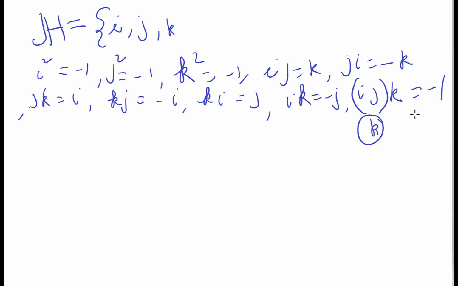And if we want this to be a group, we need some more elements. First of all, we are taking it with respect to multiplication, so we will need a 1, and then we are going to write -i, -j, -k. And since we have to have closure, I have to have -1 as well.